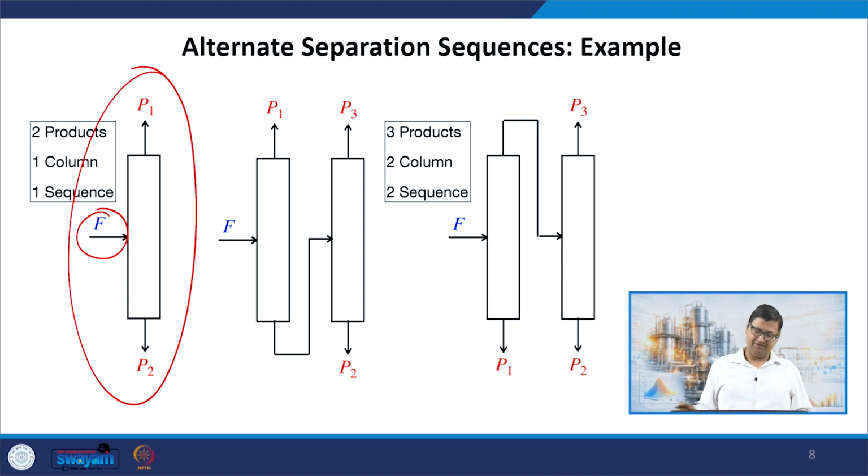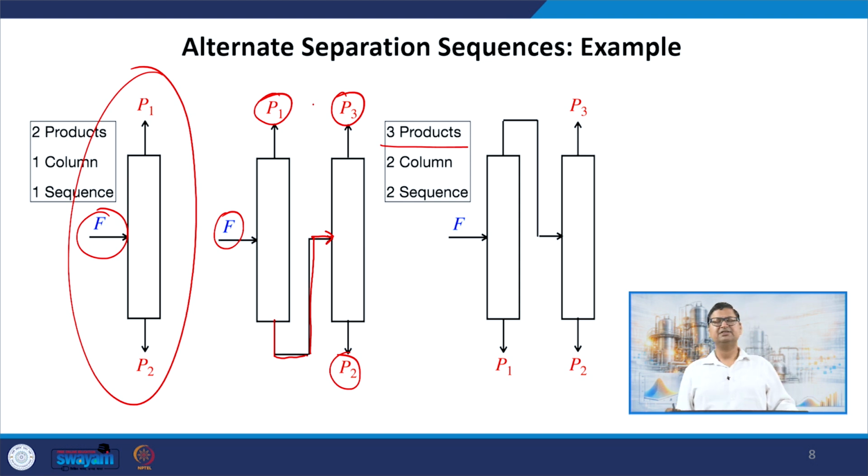However, if I have three products which I want to get out, now there are two possibilities. The first possibility is that the feed comes here. One product comes out from the first stage top, and the bottom product of the first column becomes the feed for the second column, and the other two products come from the second column.